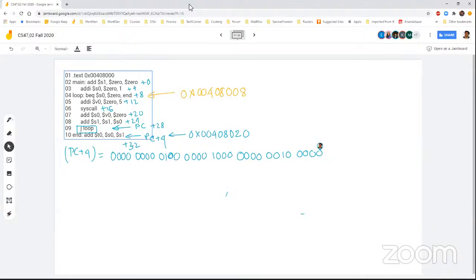Let me double check. 1, 2, 3, 4, 5, 6, 7, 8. Okay. That's wonderful. And my target program counter, or PC, next is going to be 0000 0000 0100 0000.